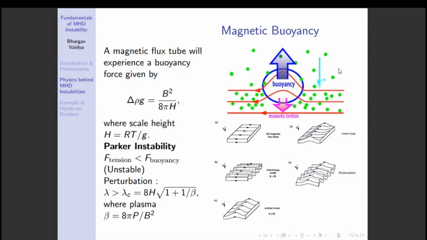Now the question is whether the equilibrium is stable or unstable. The way to do this is to pick up a little portion of plasma, and the magnetic field will be dragged along with it.